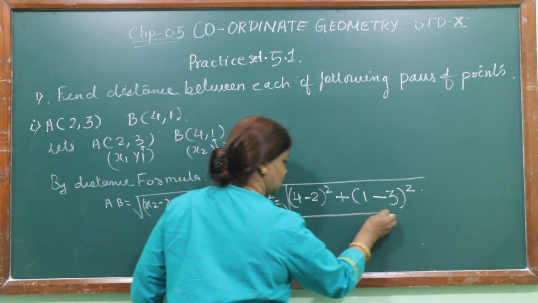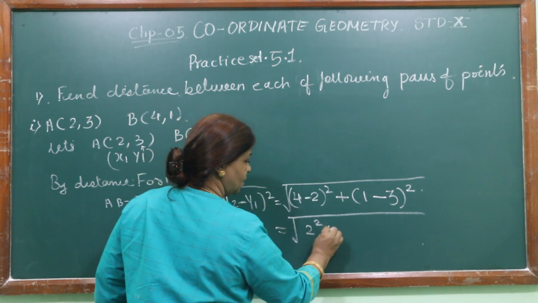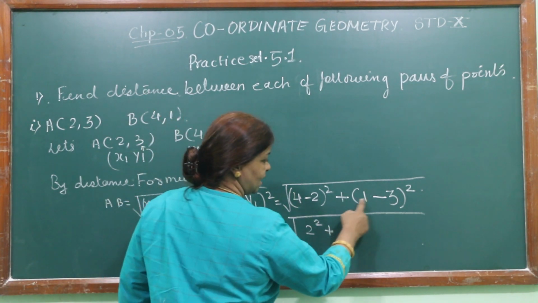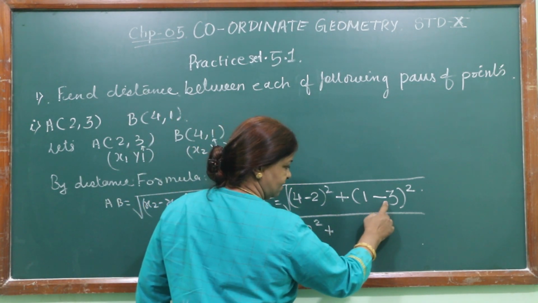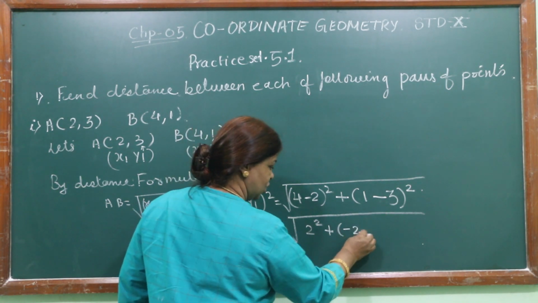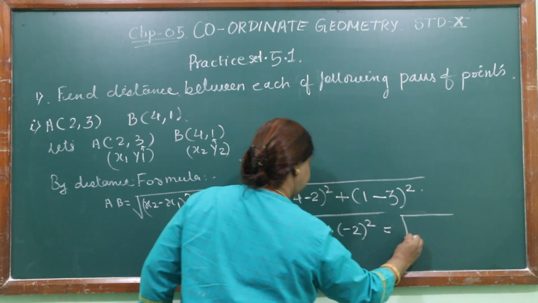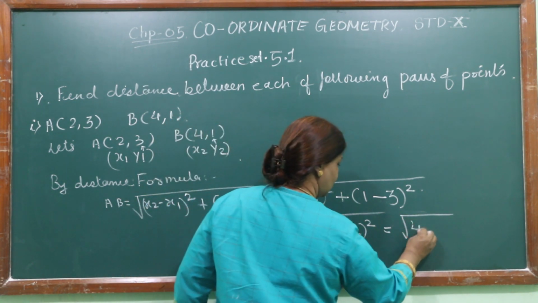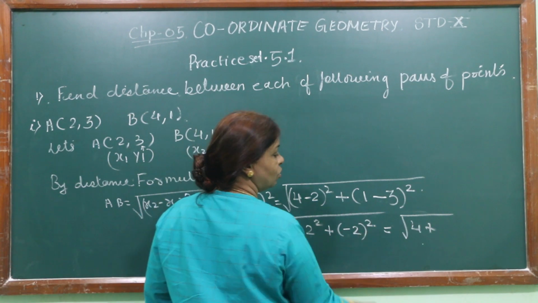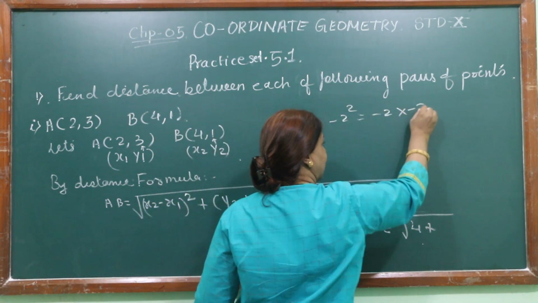Now 4 minus 2 is 2 square plus, 1 is plus, 1 is minus, so we can subtract this, but the sign will be of the greater number, minus 2 the whole square, which can be written as 2 square is 4 plus minus 2 the whole square. See, minus 2 the whole square will be minus 2 into minus 2.